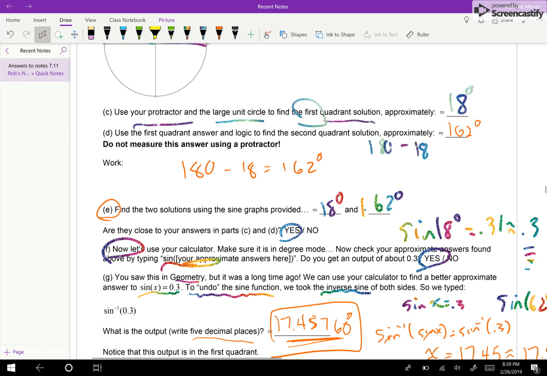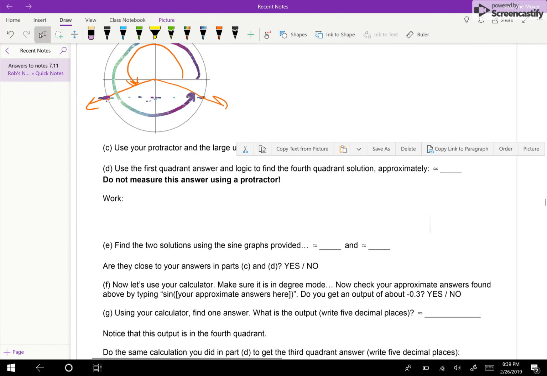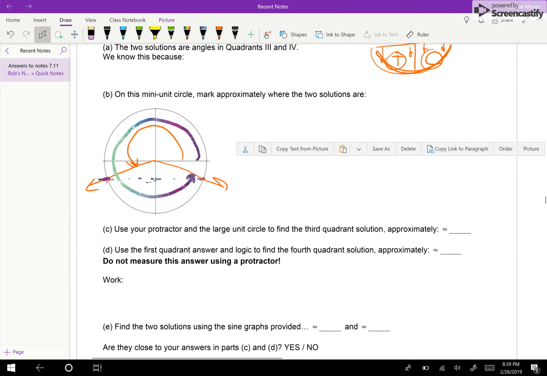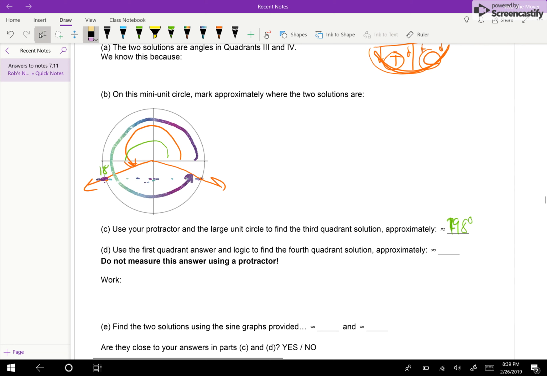But I'm going to go here and see that this is 18 degrees plus the 180. 180 plus 18 is approximately 198 degrees. Well, it was 17 that I found this time. I should not cheat. 17 degrees.